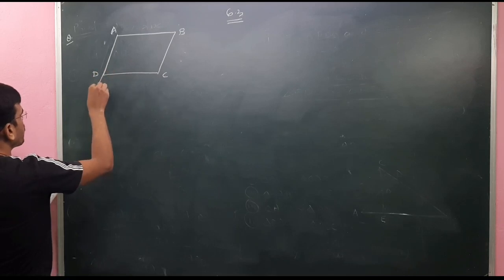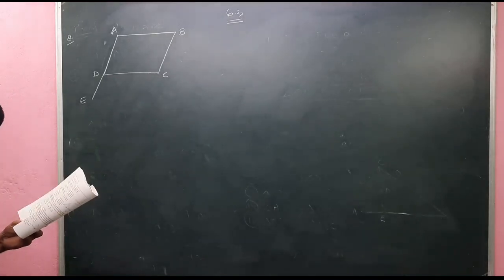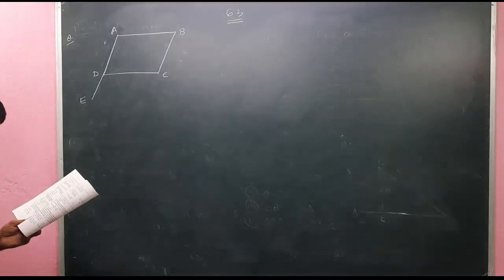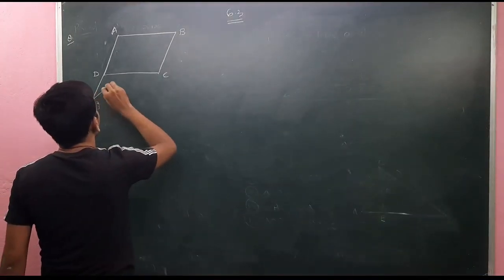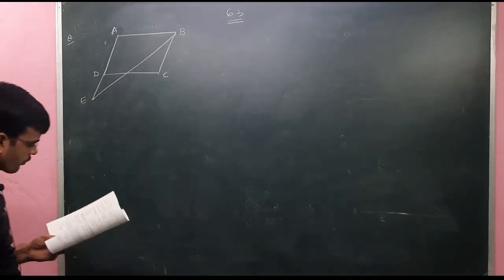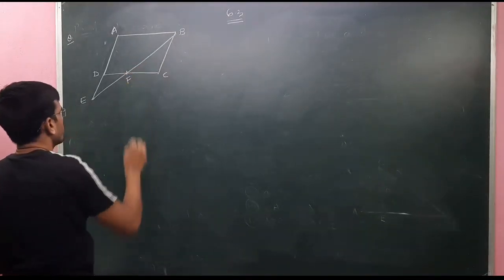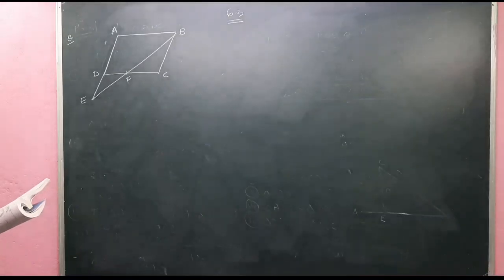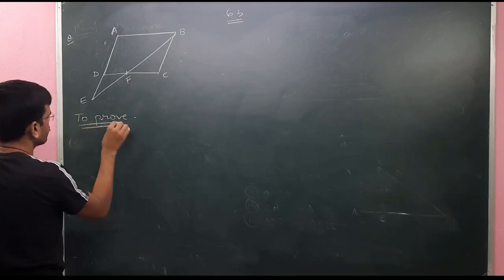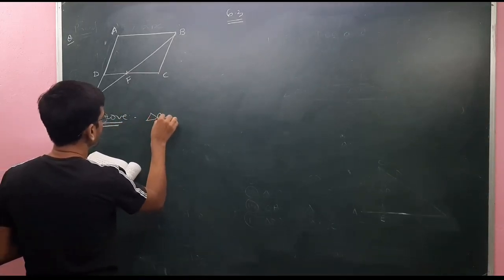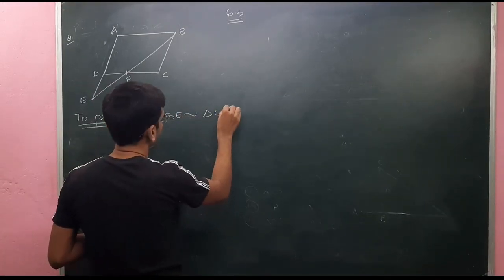AD को यहाँ प्रोड्यूस करेंगे, ये किस पॉइंट तक जाएगा, पॉइंट E तक. And BE intersects CD at F, meaning this line BE intersects CD at F. So we have to prove that triangle ABE is similar to triangle CFB.